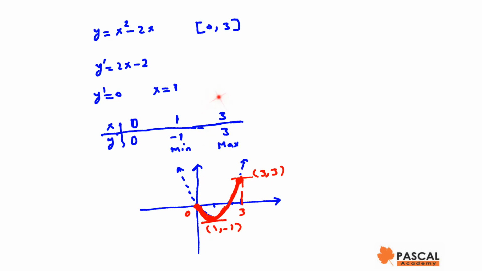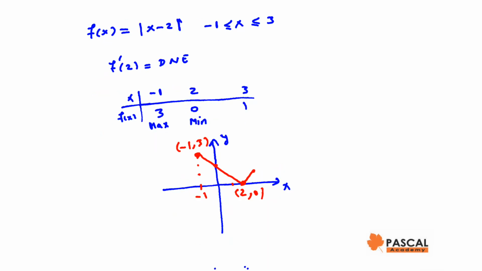Therefore, absolute maximum is 3 and 3 at one endpoint, and absolute minimum is 1 and negative 1 at critical point. By looking at the graph of the function on the given interval, we can verify 1 and negative 1 is the minimum, and 3 and 3 is absolute maximum.